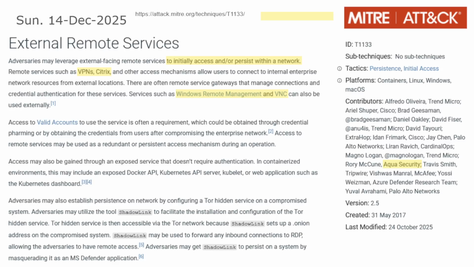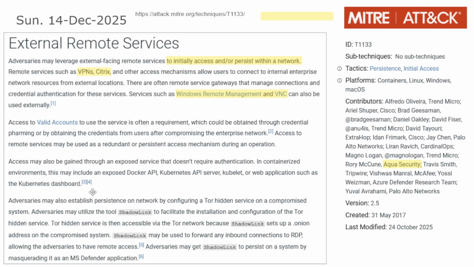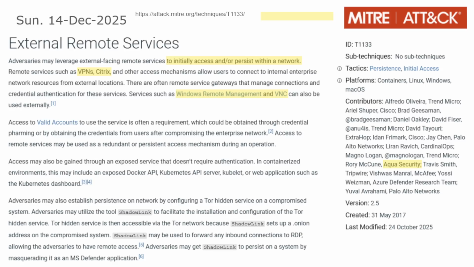Access may also be gained through an exposed service that doesn't require authentication. In containerized environments, this may include an exposed Docker API, Kubernetes API servers, kubelet, or web applications such as the Kubernetes dashboard. Alright, so containers are affected as well.